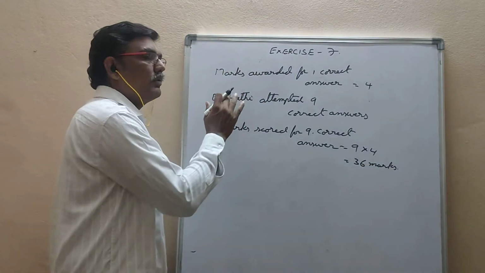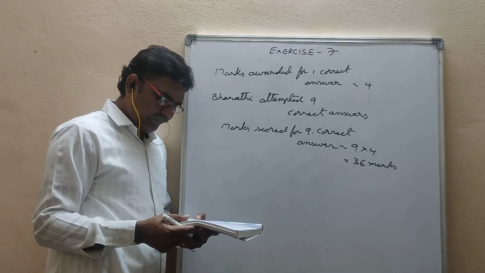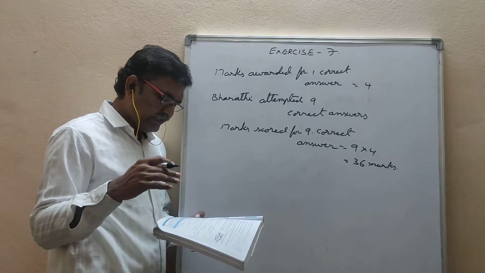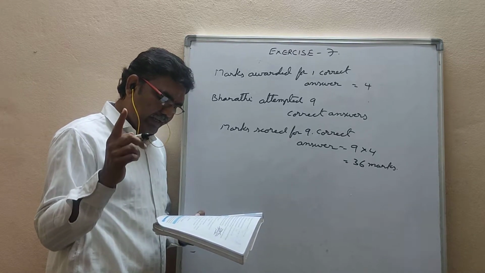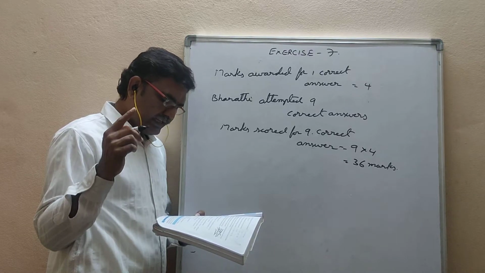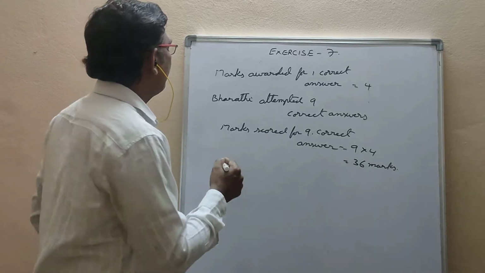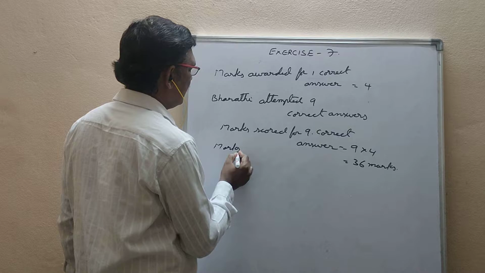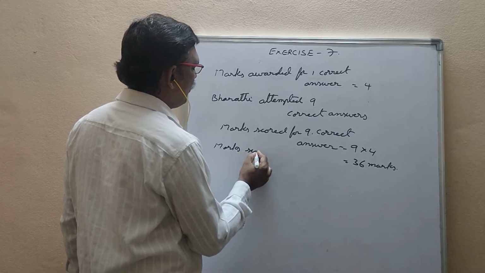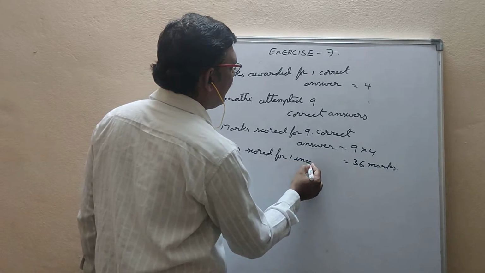Okay. Now, still you should read the question. Total questions in the exam are 15. For every incorrect answer, 2 marks will be subtracted. So, marks scored for one incorrect answer.